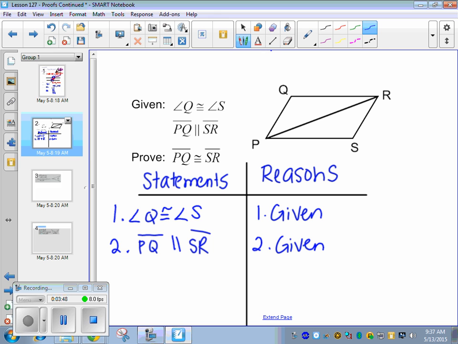So we're going to mark the givens on our picture. So I have angle Q here is congruent to angle S. And then to mark parallel lines, so PQ is parallel to SR, we use this arrowhead. Okay, Kaylee, what else do we know from the picture?